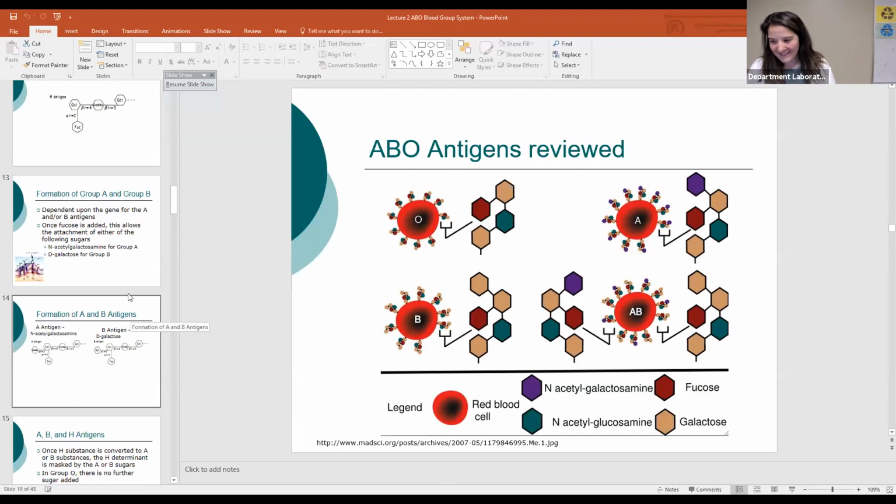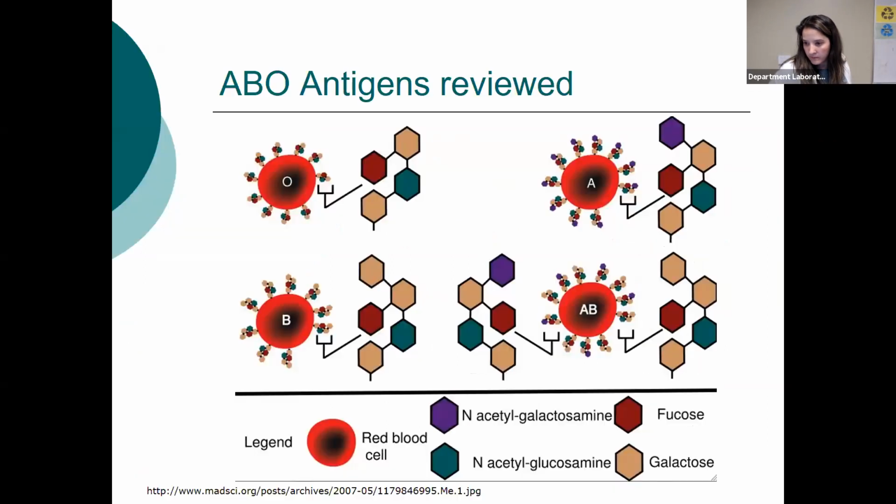So Aaron's right. When that comes up, I'll show you. That makes total sense now. So for AB, see how some of the oligosaccharides will have N-acetylgalactosamine, some will have D-galactose added on it. That makes it AB. So both sugars are being added.